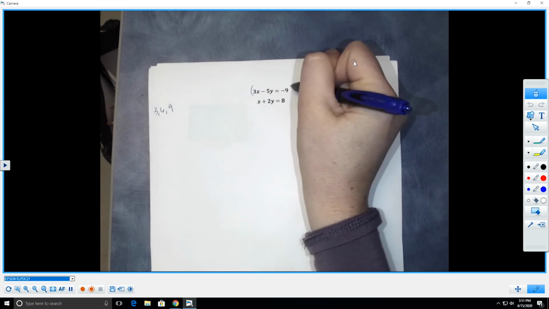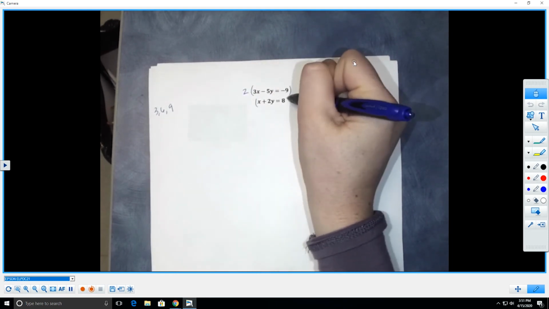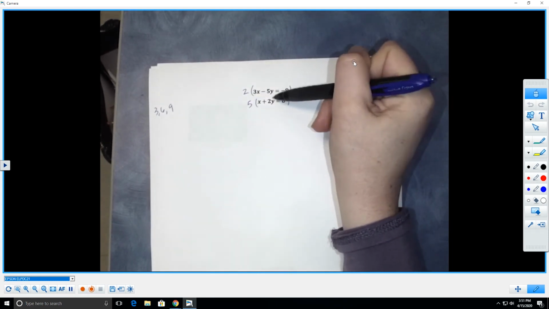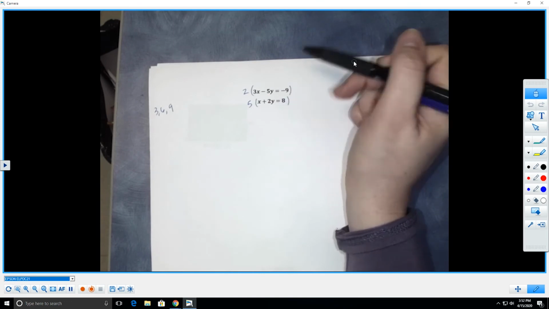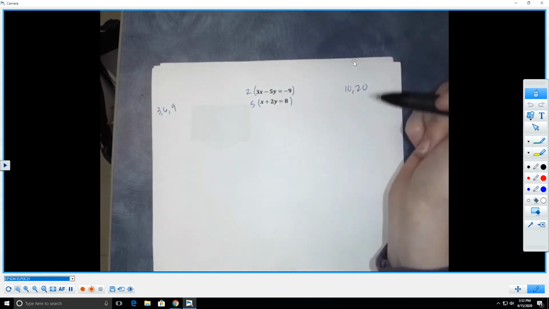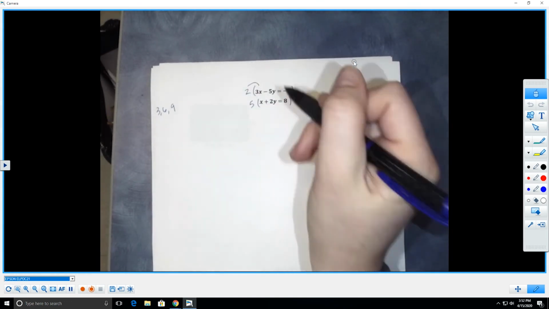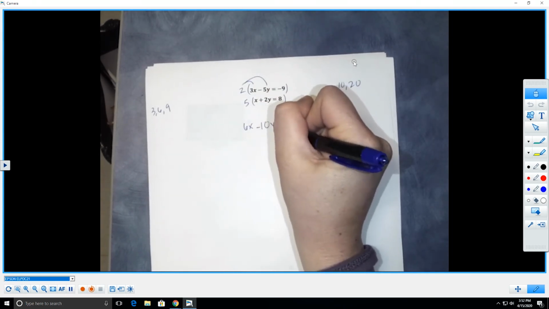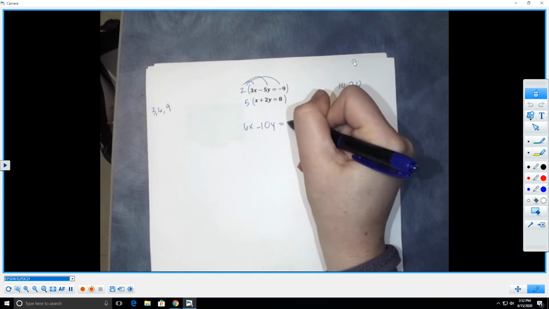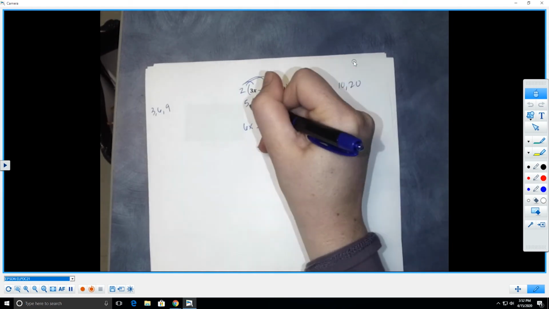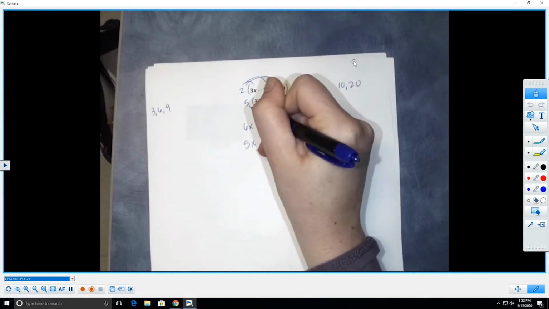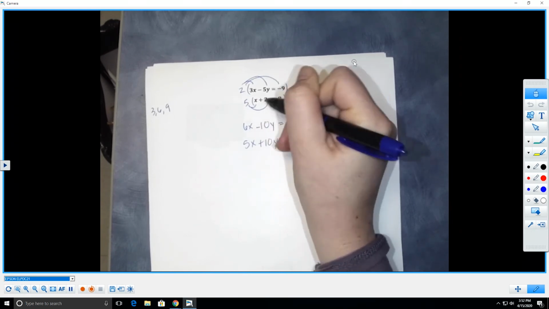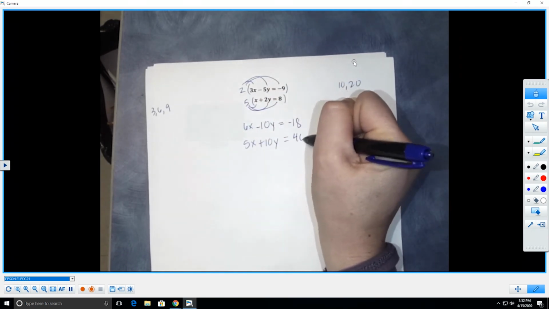So here is my original equation. I'm going to multiply this top by 2 and the bottom by 5 so that my y coefficients can be the same. So when I do that, I have 6x minus 10y equals -18, and I have 5x plus 10y equals 40.